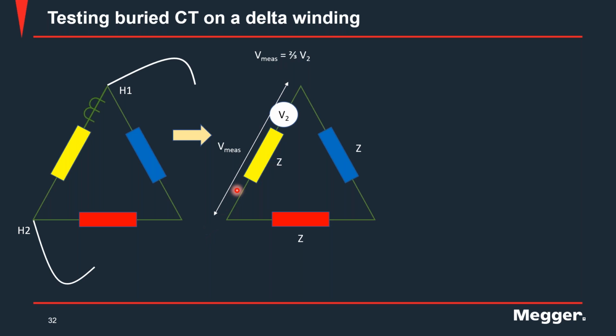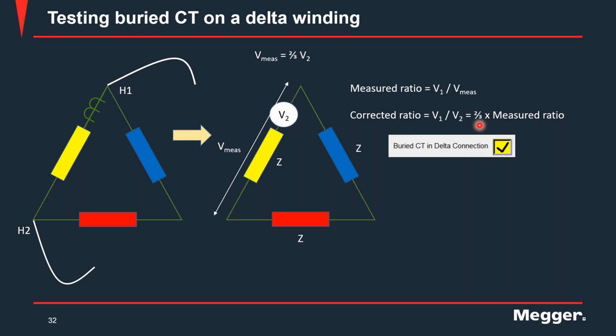But to be able to measure the CT ratio, what we want to measure is V2, but it's not possible because of this situation. So what we end up measuring is a ratio which is 3/2 times the actual ratio. So the ratio error that you would see would be a high value. You typically see a ratio error of 50% when you're trying to test a buried CT.